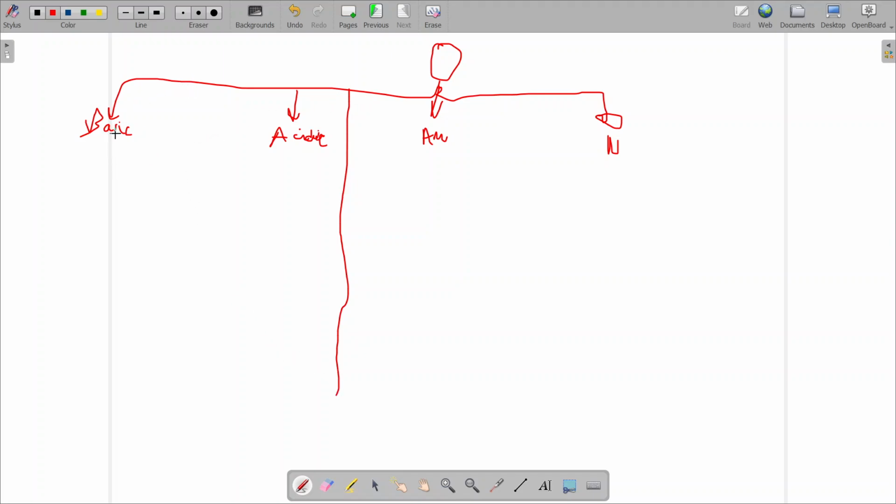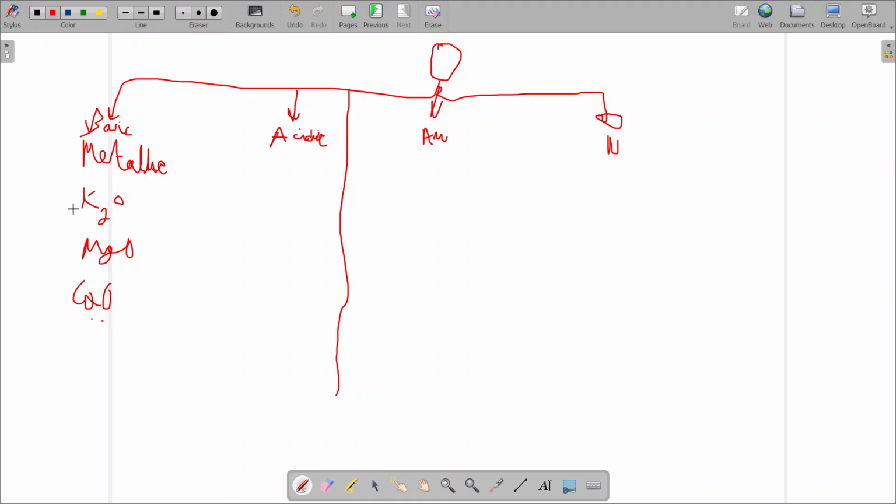So, basic oxides tend to be metallic oxides. I'll just write metallic. So, for example, K2O, MgO, CaO, and it goes on.